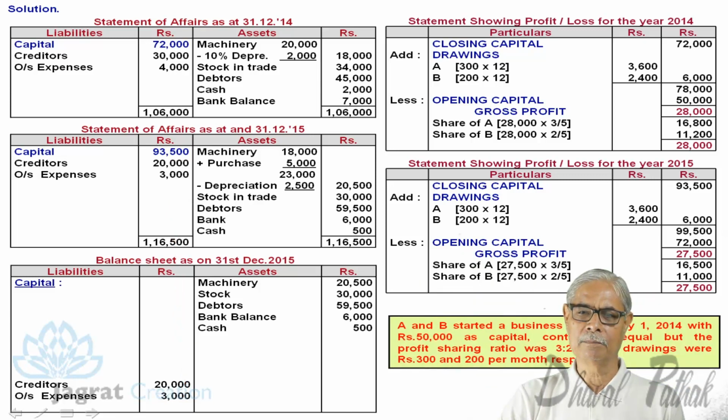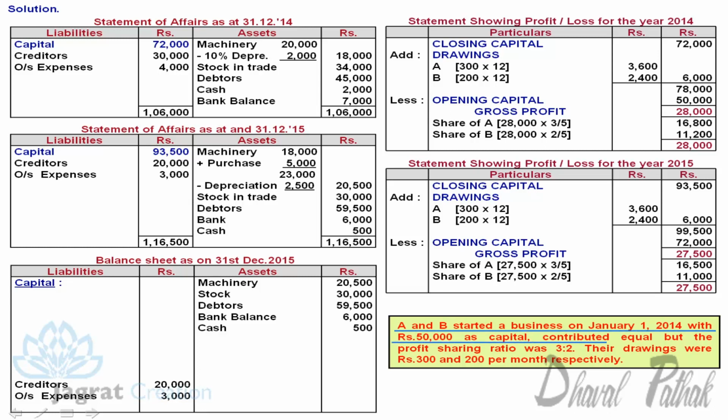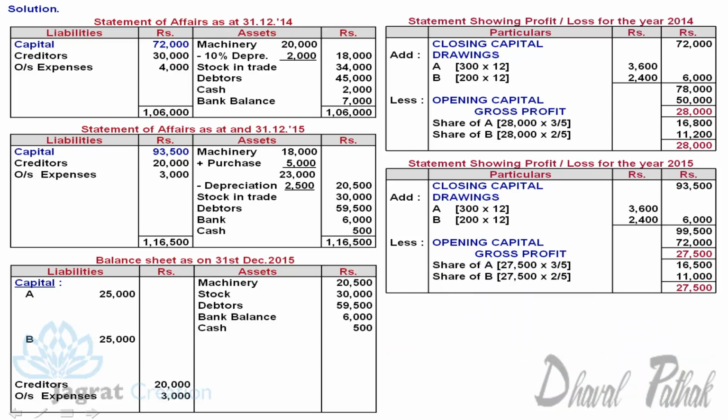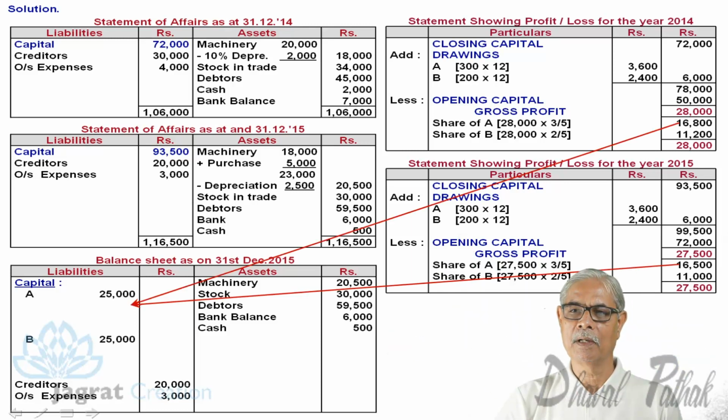Now see capital. Both the partners have contributed 50,000 equally. So 25,000 is the capital of A, 25,000 is the capital of B. Now I want to add profit for both the years.